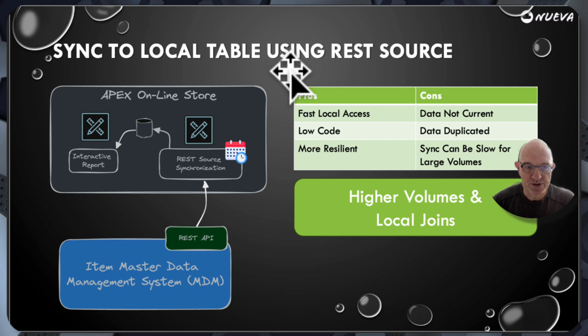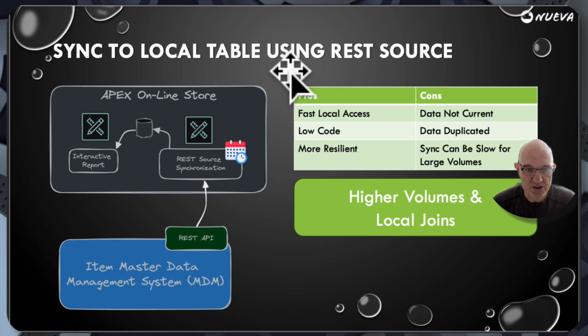The next approach is to sync to a local table using a REST source. So we're using that exact same REST source that we set up in the previous slide, but now we're enabling REST source synchronization. This allows us to attach a schedule to that REST source and provide a local table, and Apex will, on that schedule, sync the data from that REST source to that local table.